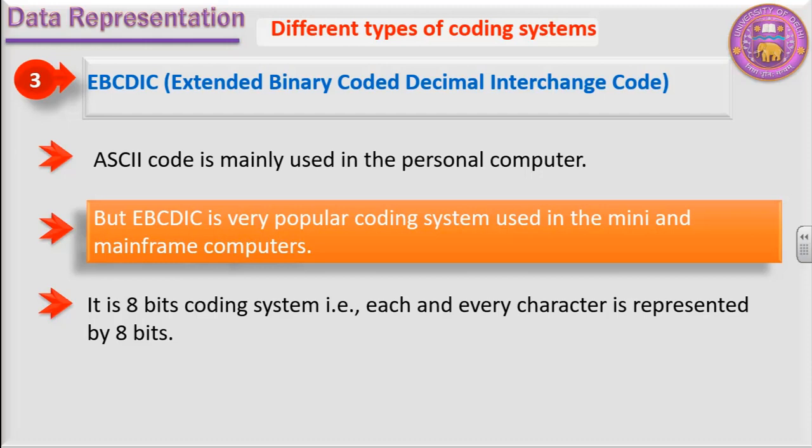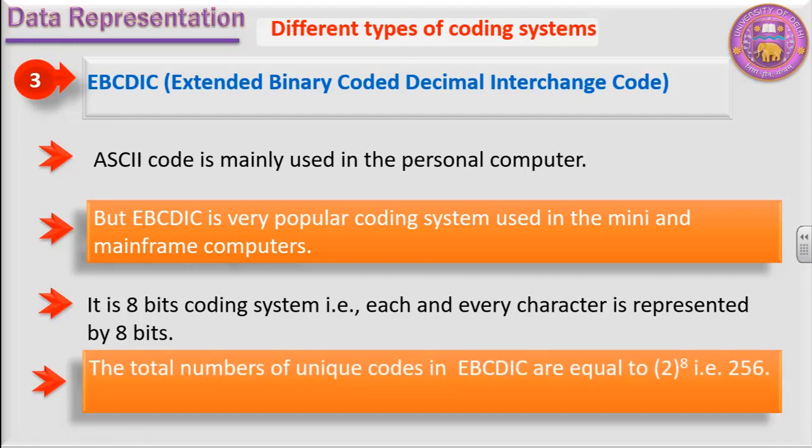I hope that you must be remembering that in the case of ASCII code, we are using only 7 switches. The 8th switch was not used in the case of ASCII. That is primarily meant for parity bit. Here the total number of unique codes in EBCDIC are equal to 2 raised to power 8, that is 256.